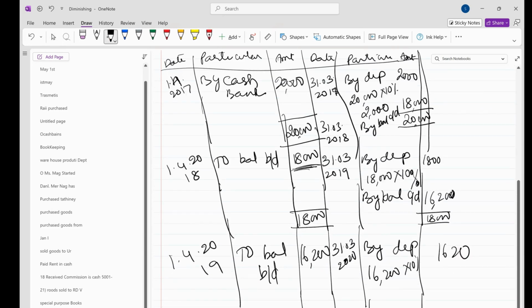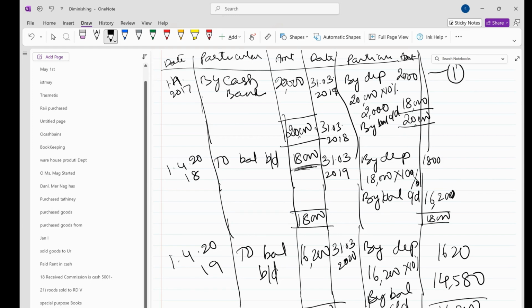So again we tally them. 16,200 minus 1,620 is 14,580.